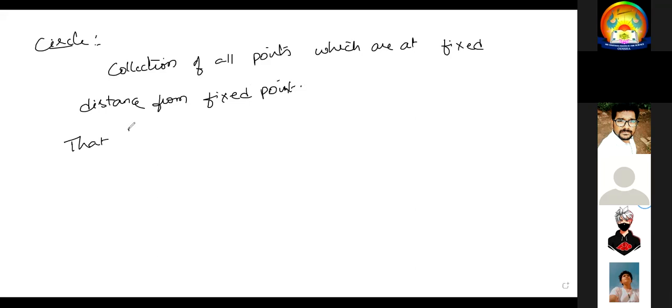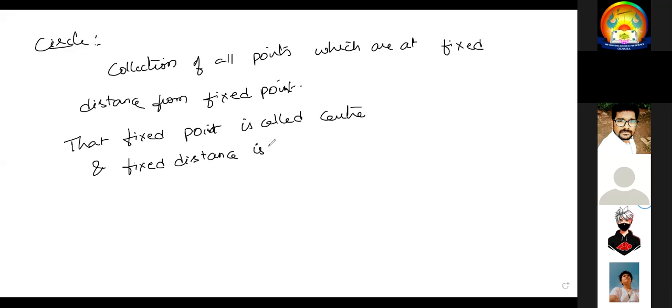That fixed point is called the center, and the fixed distance is called the radius.